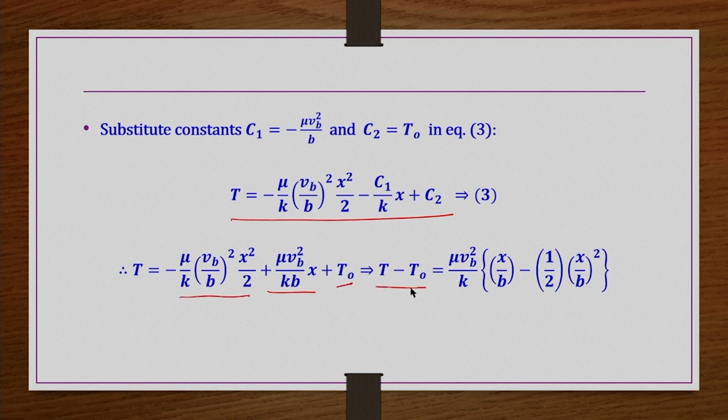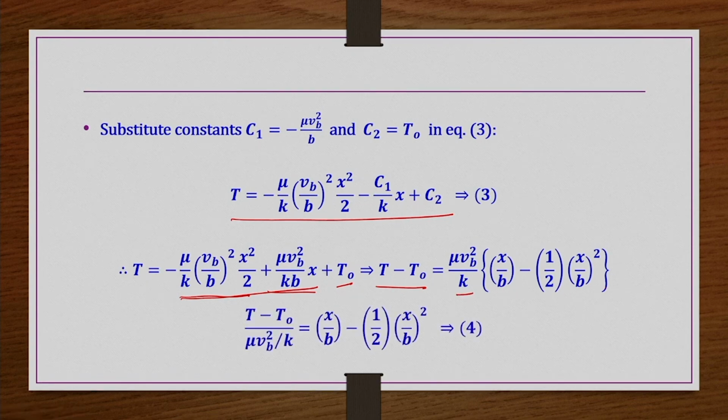So, this T naught you take to the left hand side and the right hand side terms you take common, mu Vb square by k, then you have x by b minus 1 by 2 x by b whole square. So, that is T minus T naught by mu Vb square by k is equal to x by b minus 1 by 2 x by b whole square.